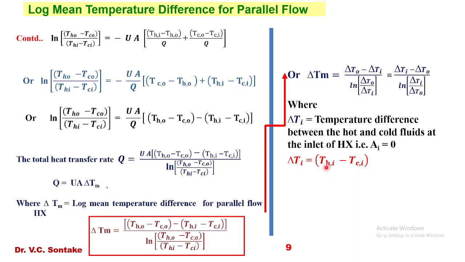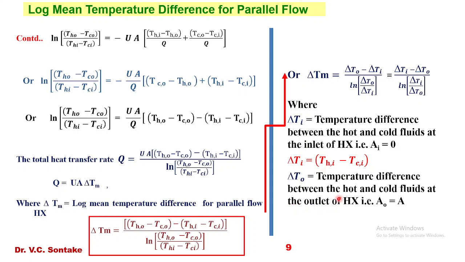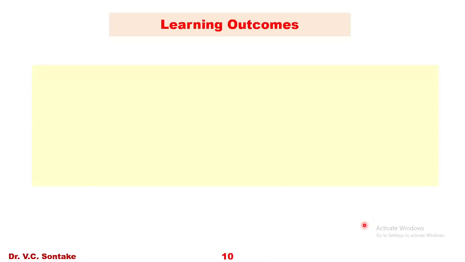Both the fluids are entering at the inlet of the heat exchanger in case of parallel flow heat exchanger, and delta To represents the temperature difference between the hot and cold fluids at the outlet of the heat exchanger, that is Ao is equal to A. So delta To will be THO minus TCO. Both the fluids are leaving at the outlet of the heat exchanger. So this way we could derive the expression for LMTD for parallel flow heat exchanger.